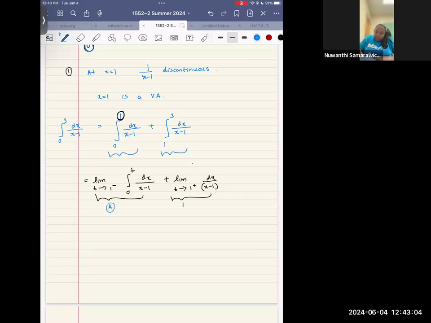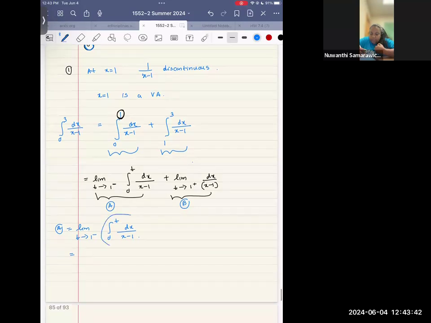Let's say this is A, this is capital B. A is the limit as t approaches 1 from the left-hand side of the integral from 0 to t of dx over x minus 1. So what is the definite integral of 1 over x minus 1?